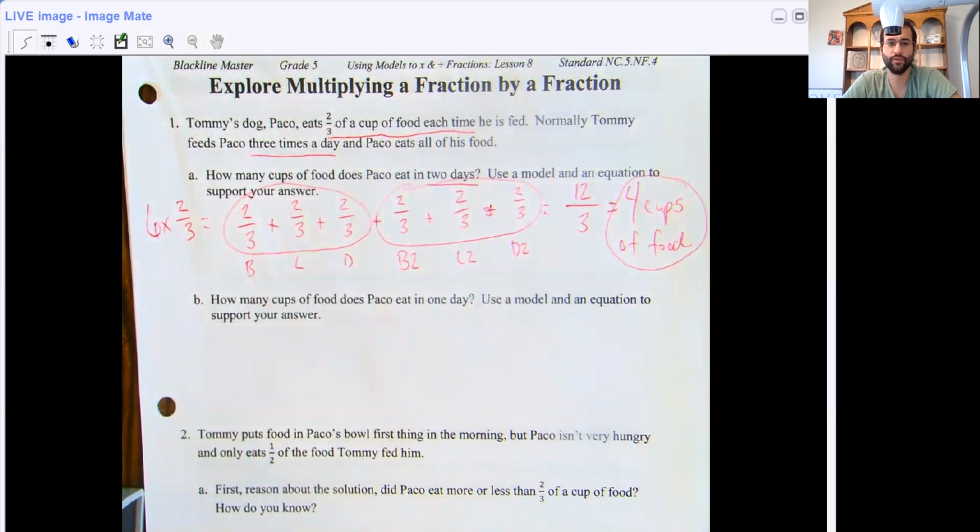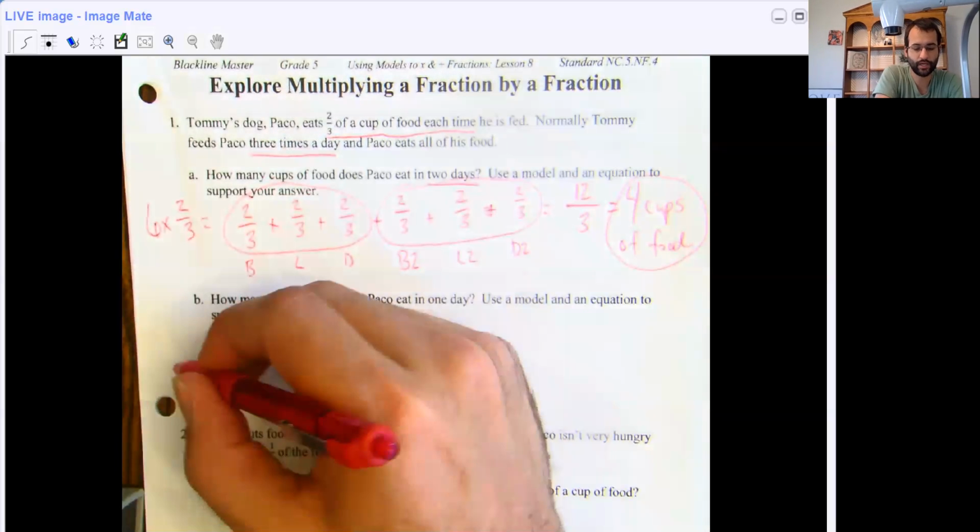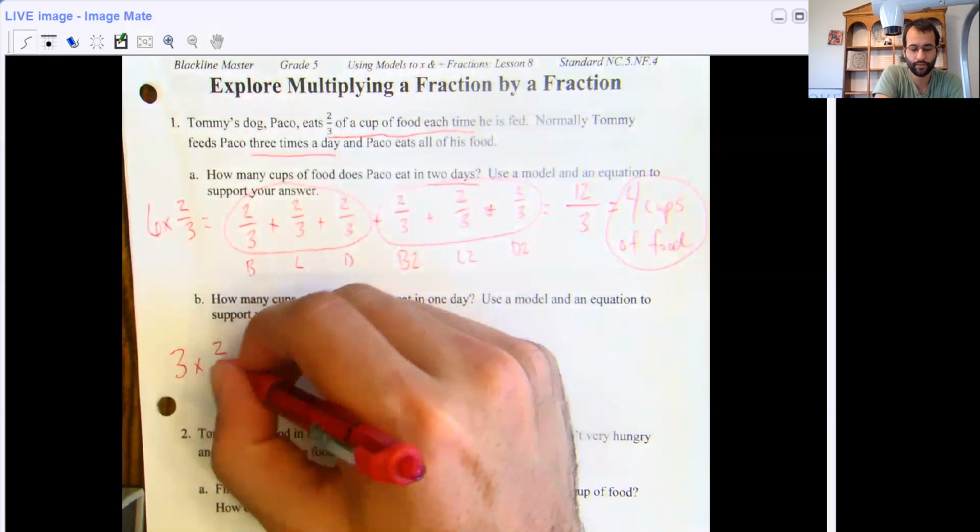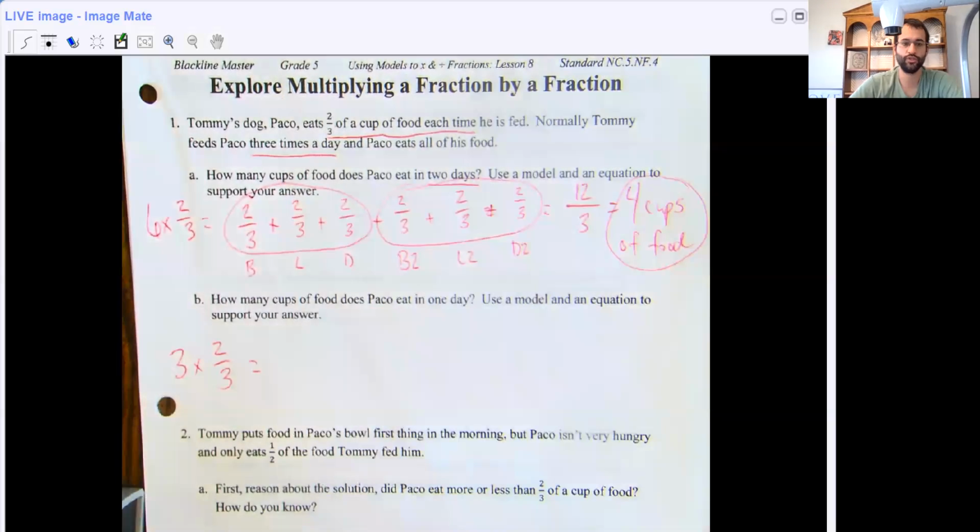My second question, though, says, how many cups of food does Paco eat in 1 day? In 1 day, how much does he eat? I can do a couple different ways to solve this. If this is 2 days, I could do 3 times 2/3 to show how much he eats in 1 day.